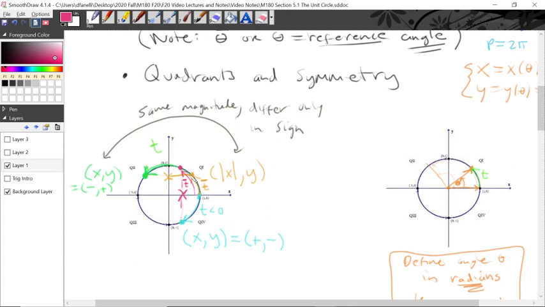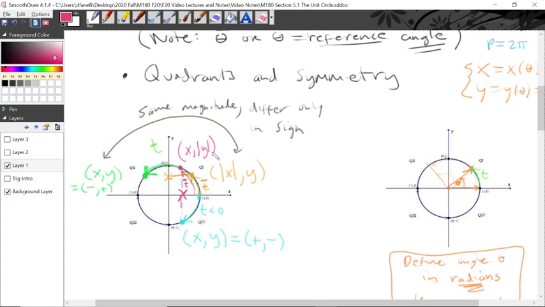This reference distance t bar would be associated with a point here in quadrant 1, which would also have x and y, but because x and y in quadrant 1 are both positive, we have to take the absolute value of the y, to ensure that both the x and the y coordinates at our reference point are positive.